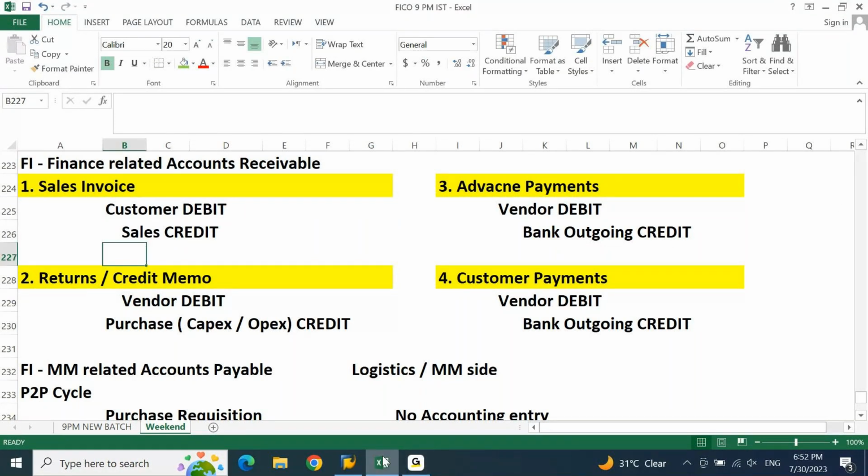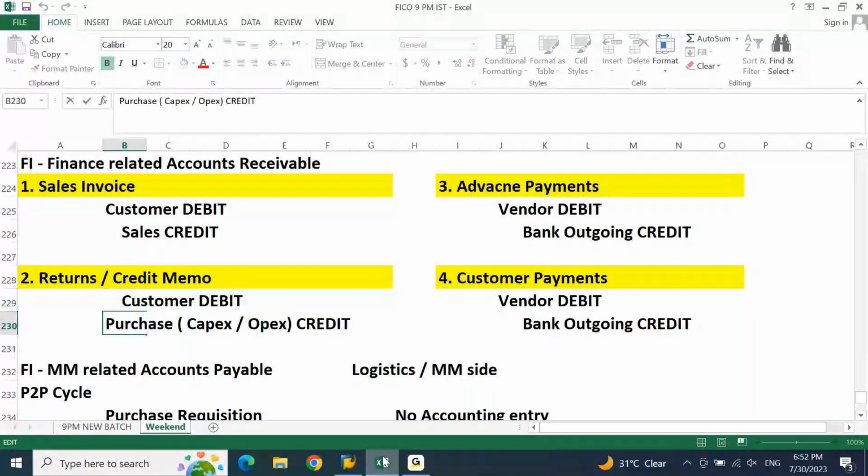Okay, in case of sales, we will be writing a customer account debit, sales account credit. In case of returns or credit memo, as we understood, the credit memo or returns entry is always the reverse of your sales entry. In payable, we have put a reverse entry of purchases. On the sales side, you will be writing a reverse entry of sales. Customer account is on the credit side, so I am going to put customer account on the debit side.